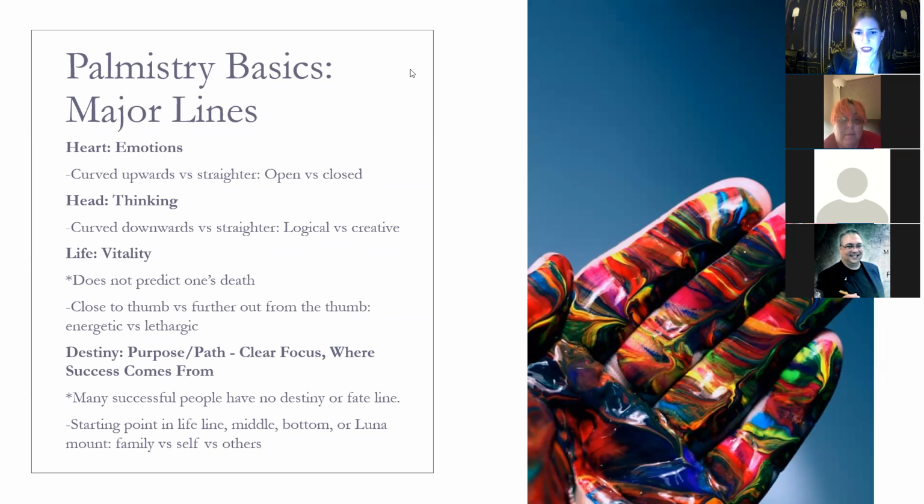Okay, we had a quick question. What if a line connects the gap between head and lifeline? So that's where you're said to be more cautious. Some writers talk about it as having a stronger relationship with family, but I'm not seeing that in palmistry so often.